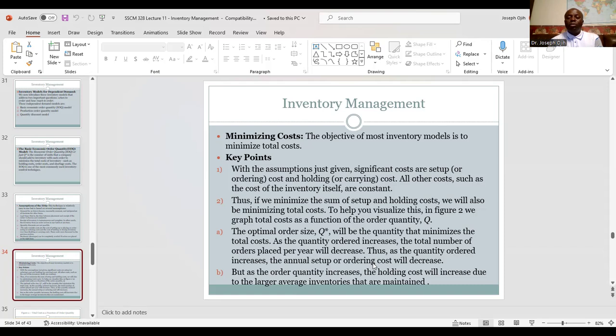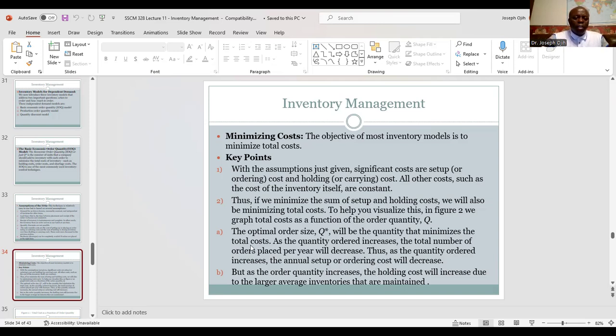All other costs, including the cost of the inventory itself, are constant. So if operations managers can minimize the sum of the setup and holding costs, they can minimize the total cost. I'm going to use a figure to analyze this.